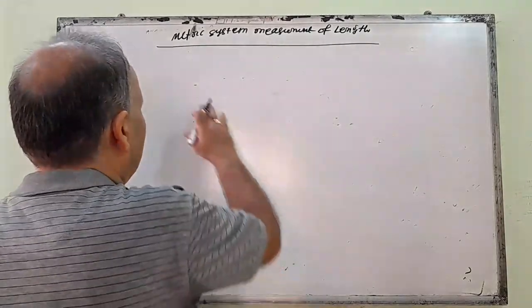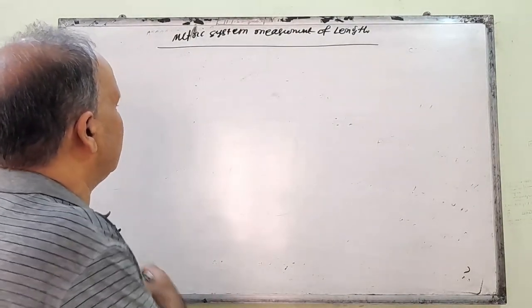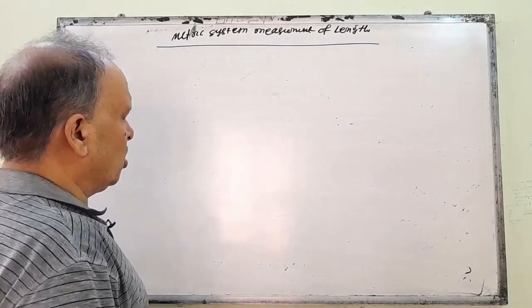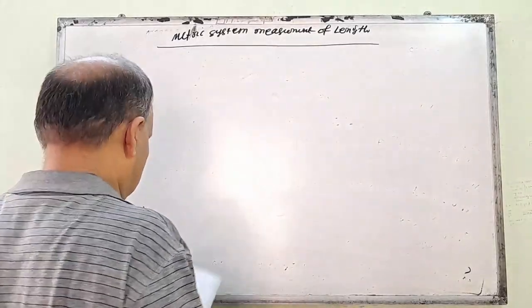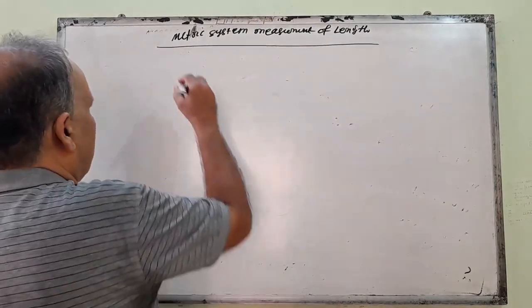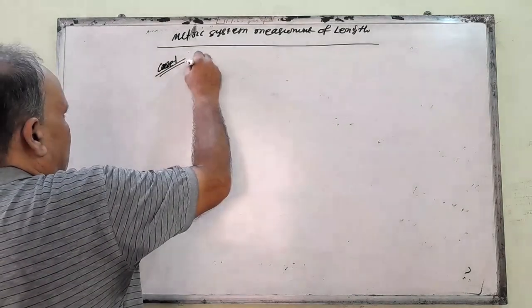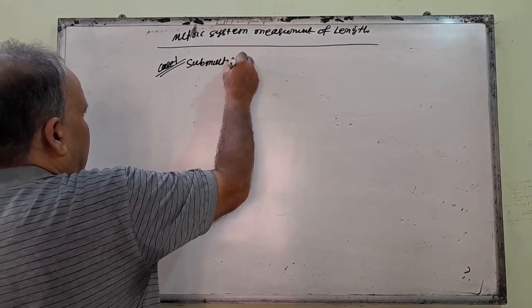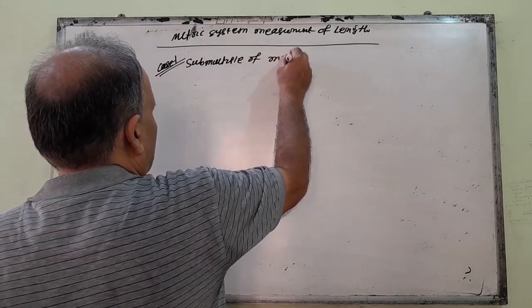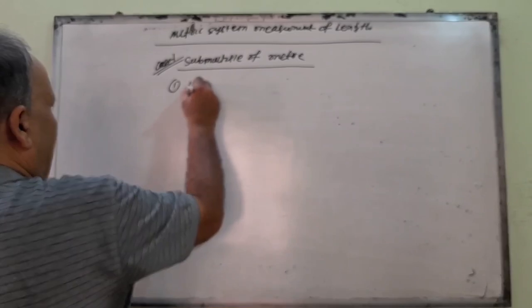The original or fundamental measurement is the meter. Those units that are smaller than meters are called submultiples of meter. Case 1, you remember, submultiples of meter.